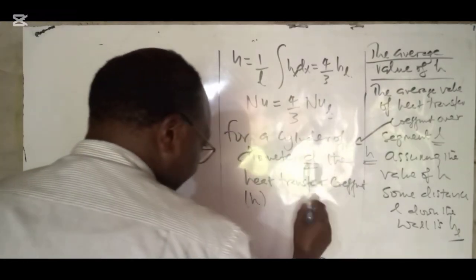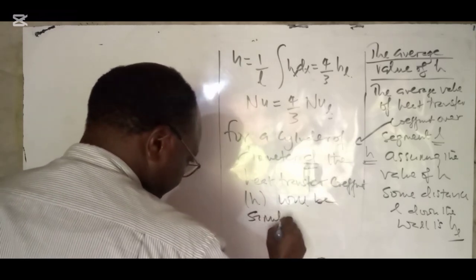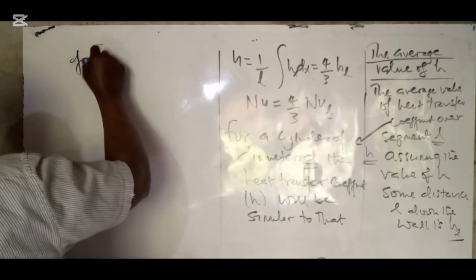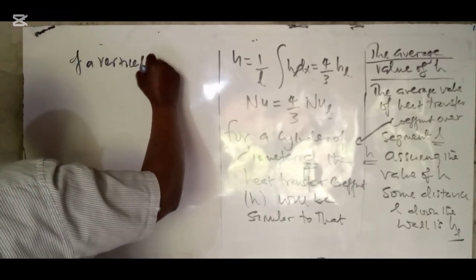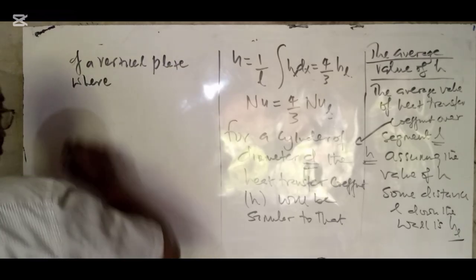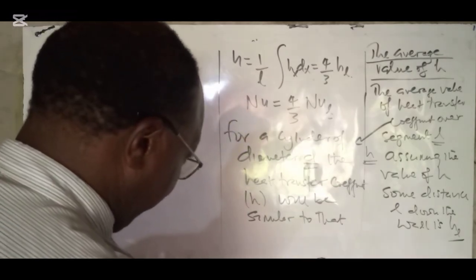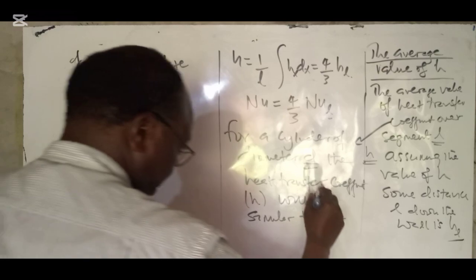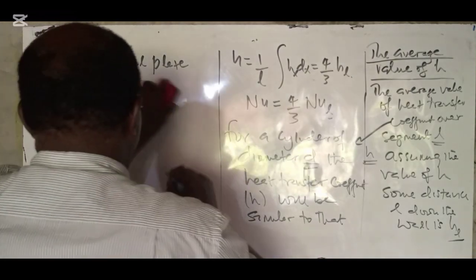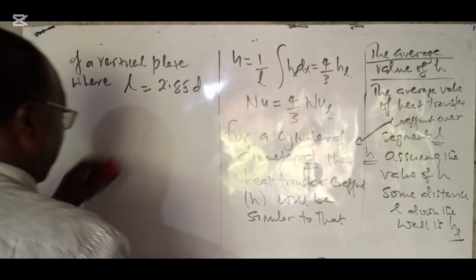So for a cylinder of diameter D, the heat transfer coefficient will be similar to that of a vertical plate, where L is equal to 2.85 D.